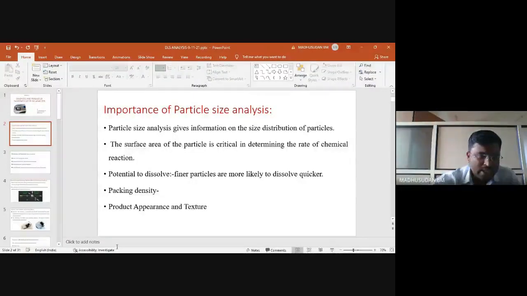Also, apart from all these, the product appearance and texture can change the perspective of customers in industries like clay and ceramics and article manufacturing. So product appearance and texture also play a role, and that is also important for characterizing particles at the submicron level.